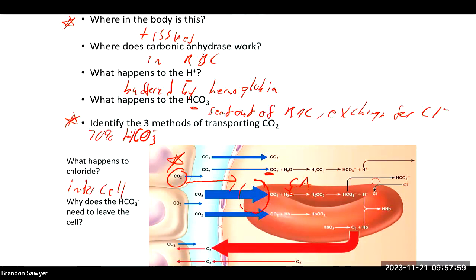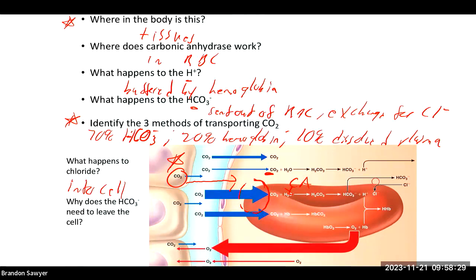Okay, and then it's 20% via hemoglobin. And then the other 10% is dissolved in the plasma. Okay. Any questions on that, or we good there?